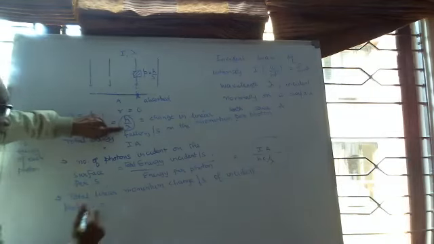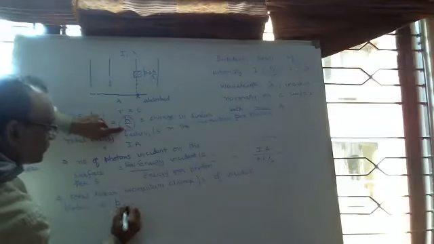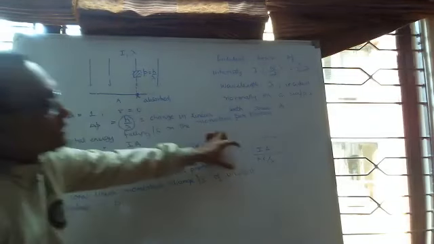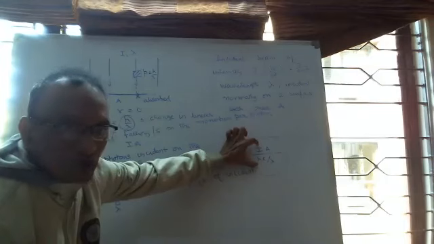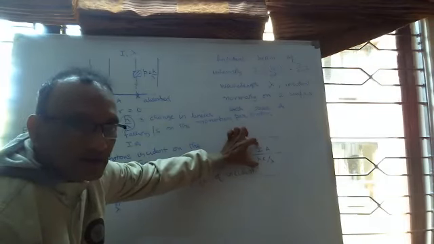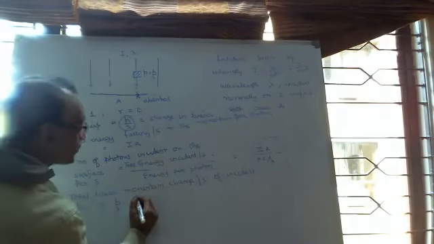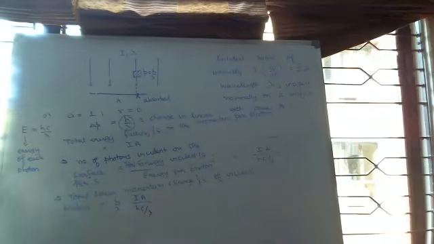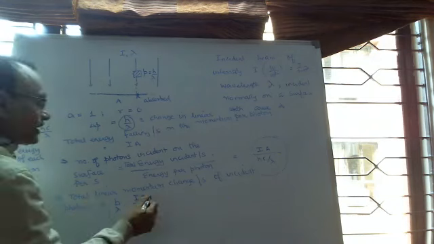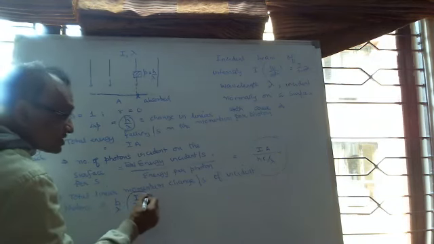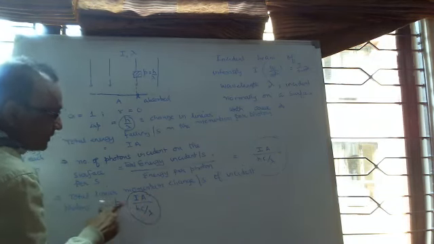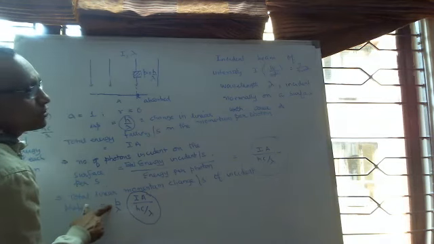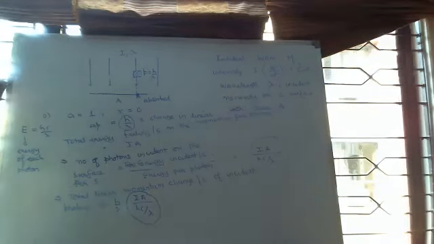The change in linear momentum of one photon is h by lambda, but how many photons are falling per second? Number of photons falling per second is IA by hc by lambda. This is the number of photons per second into the change in linear momentum of a photon. This will be the total change in linear momentum per second of all photons incident.